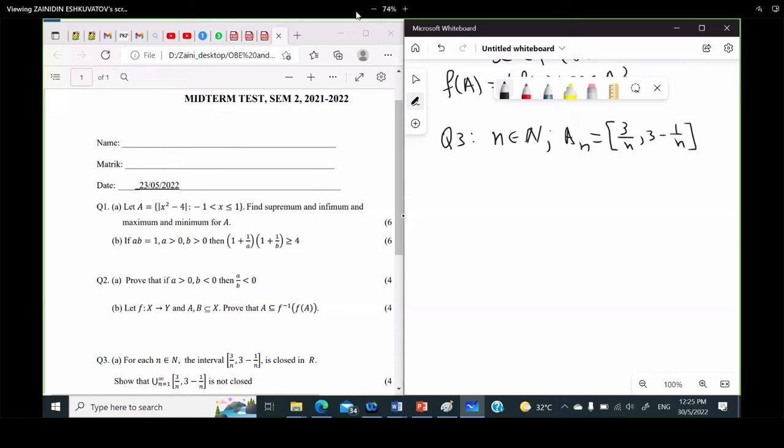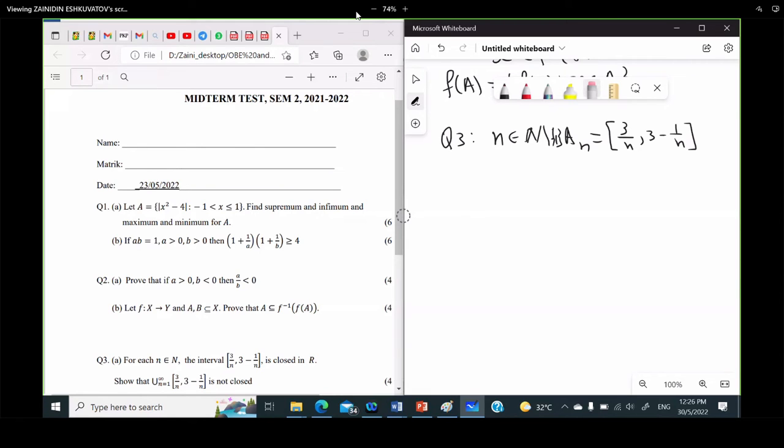So when n equals 1, we get 3 and 3 minus 1, 2. This is not an interval. Now if I want to make a proper question, in this form I should say n minus 1, so I should exclude 1 from this. Currently I didn't do that, and I ignored it.